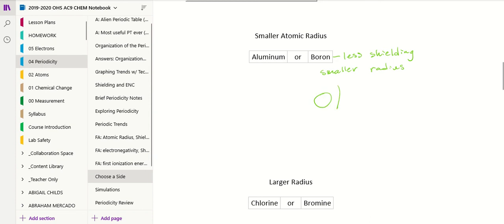Here's one layer. Here's the next layer. Nope. Boron only has 2 in the first and then 3 in the second. And if we look at aluminum, we have 2, 8, and there's our valence shell. So more shielding for aluminum. Aluminum has a larger radius than boron, so the smaller radius is boron. Well done.